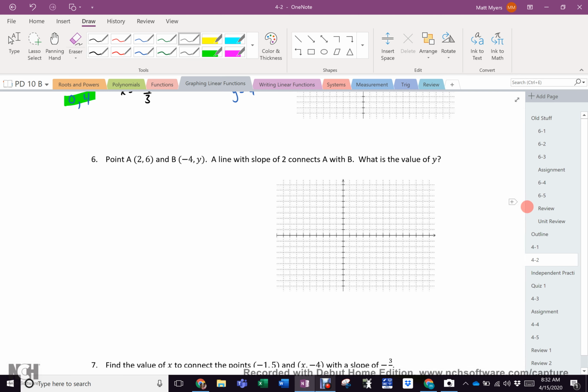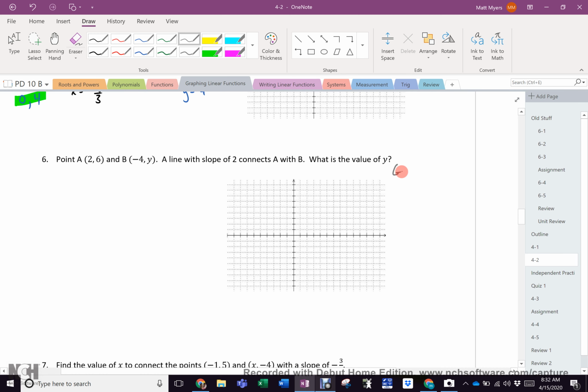All right, let's look at this one. This question can be done in 2 ways. One, you can do it on the graph, and I'm going to show you that first. Point A, which I'm going to use a red dot for, is at 2, 6. 1, 2, up, 1, 2, 3, 4, 5, 6.